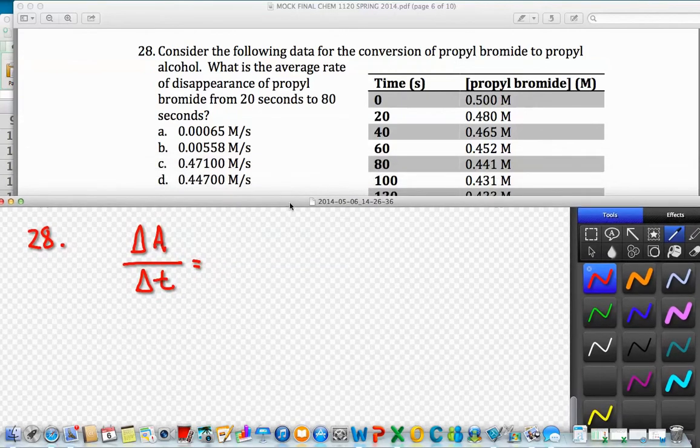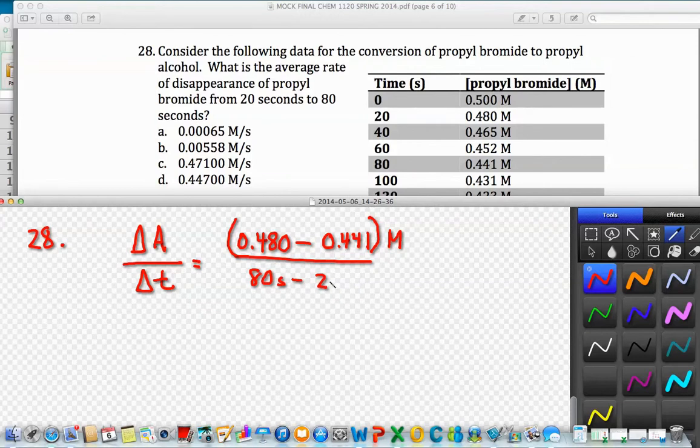At 20 seconds, it was 0.480. At 80 seconds, it was 0.441. Now that's a change in molarity, and time, 80 seconds minus 20 seconds.